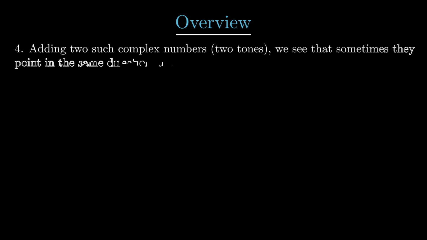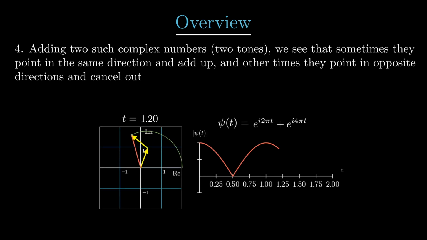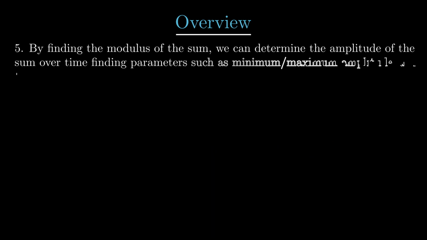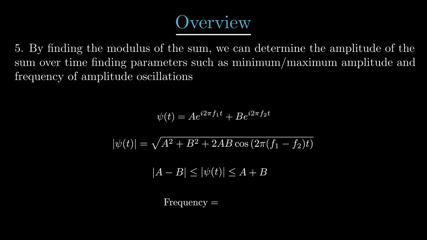After that, we added the complex numbers representing two tones, and noticed how sometimes they point in the same direction, adding up, and other times they point in opposite directions and cancel out. Finally, by finding the modulus of the sum, we found a way to determine its amplitude over time, and found parameters such as the minimum and maximum amplitudes, and the amplitude's oscillation frequencies.